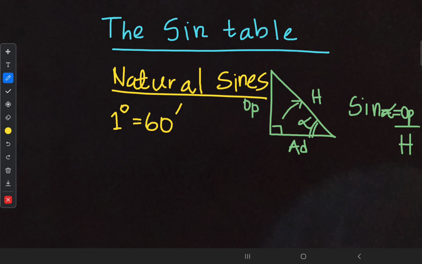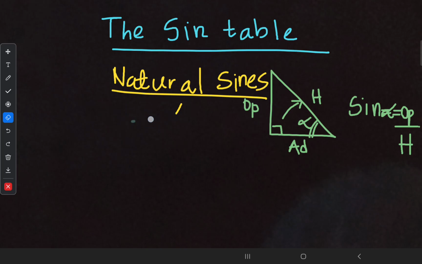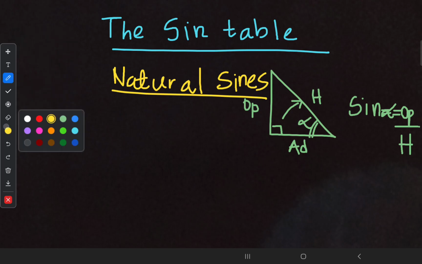You should understand this relationship because we use it throughout the sine, cos and tangent values to identify particular angles. This is a key concept in trigonometric tables: 1 degree equals 60 minutes.